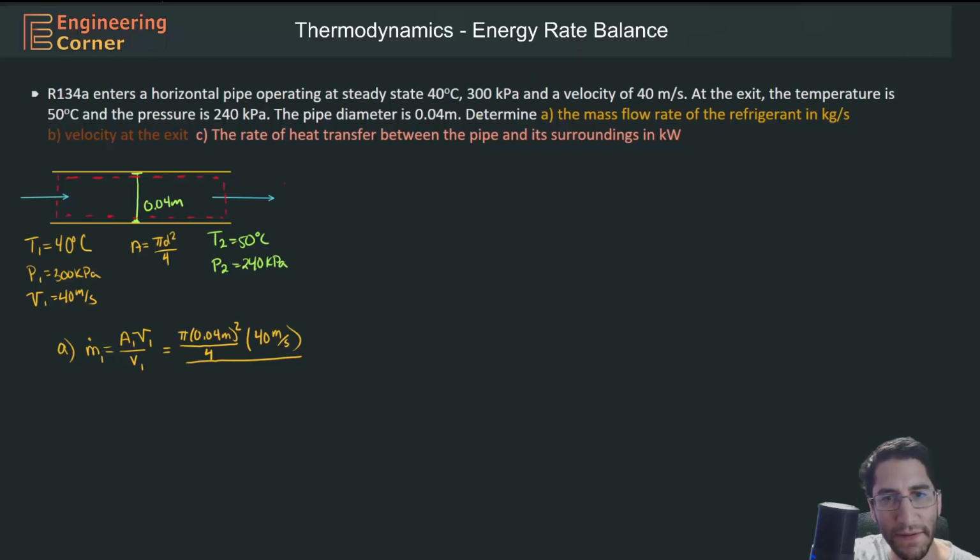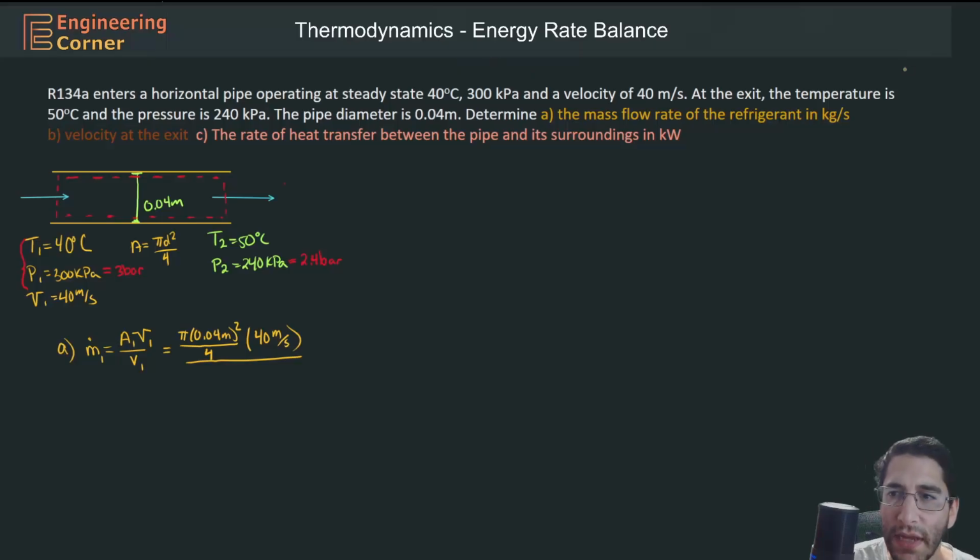Now my specific volume is going to be a property, and I am going to be looking at T1 equal to 40 degrees C and P1 equal to 300 kilopascal. We should note that 300 kilopascal is really 3 bar, and 240 kilopascal is really 2.4 bar. Bar is good to use because that's what our tables are in.